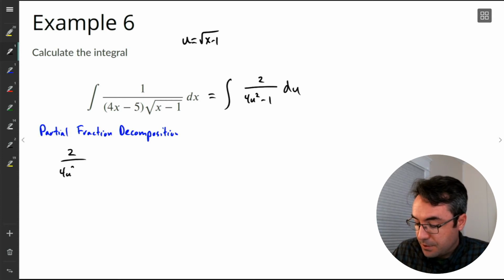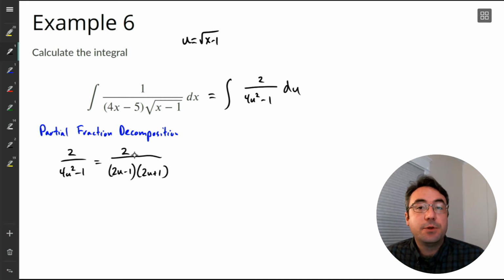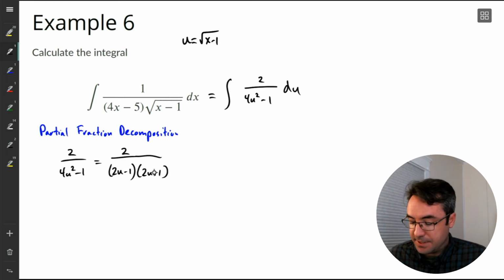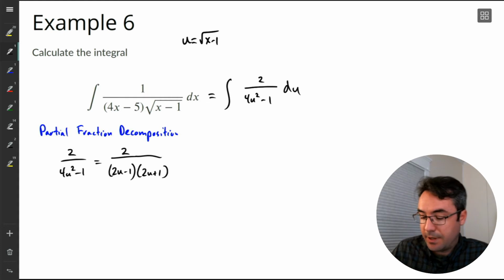So here's our function, 2 over 4u squared minus 1. And it's going to factor. We'll have 2 in the numerator still, but the denominator is going to factor into 2u minus 1 times 2u plus 1. And you can check that out. If you get stuck on factoring here, you could always use the quadratic formula.